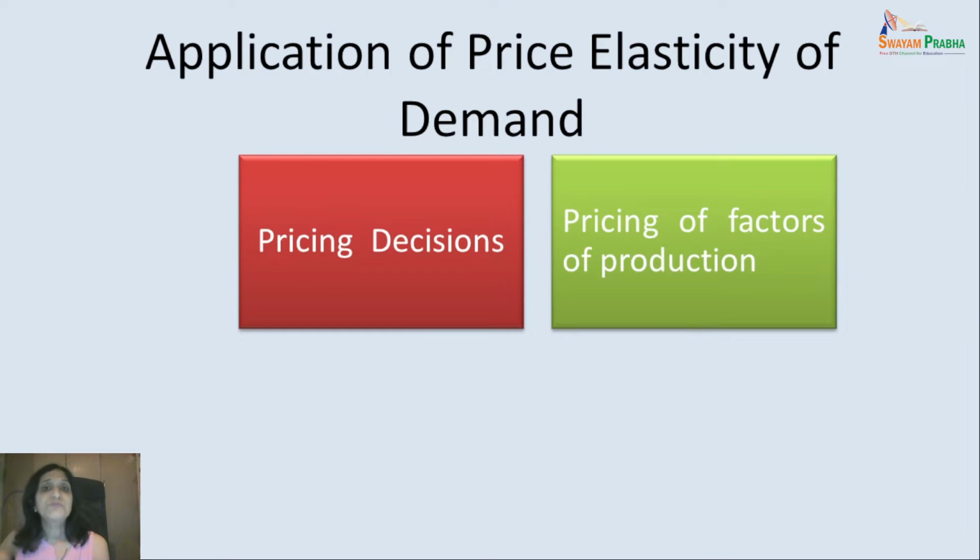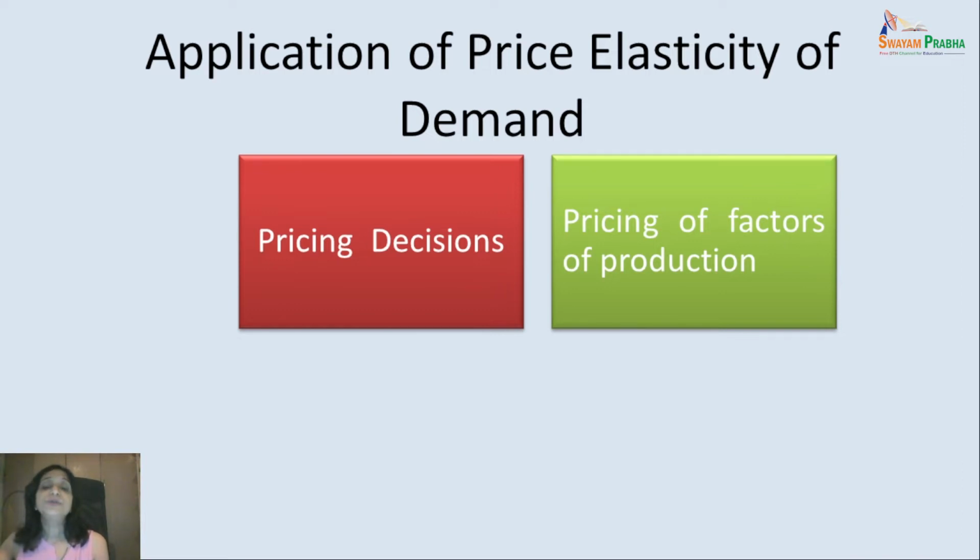If the factors of production have an inelastic demand, maybe because the availability of substitutes for these factors is less, they will demand a higher price or higher compensation, because they know that even if they ask for a higher price, their demand will not decline so much as their wages increase.